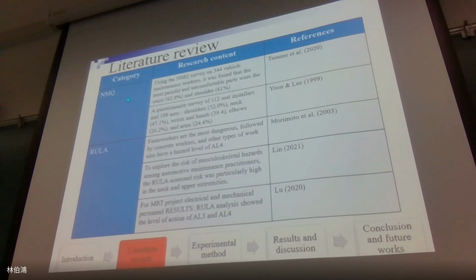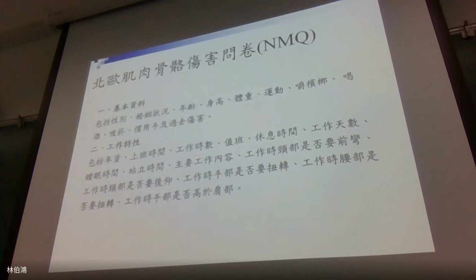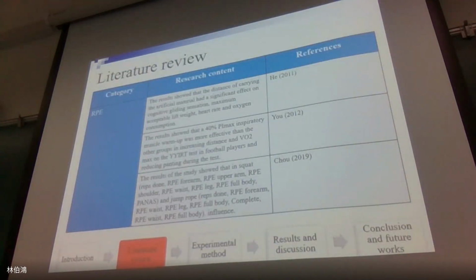So this is for NMQ, RULA, and also RPE, and you collect the related research similar to your research. Also, if the methodology or application is similar, you can cite some similar research. Because when you give the presentation at the conference, you don't have too much time.